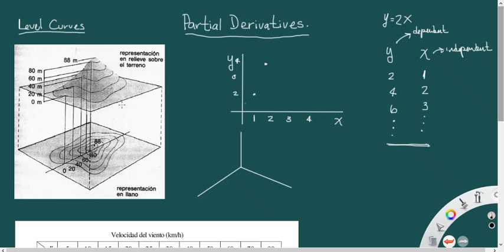We can say that this is the y-axis. Let me change the layer. Okay, got it. So this is the y-axis, and let's say that this is the x-axis.